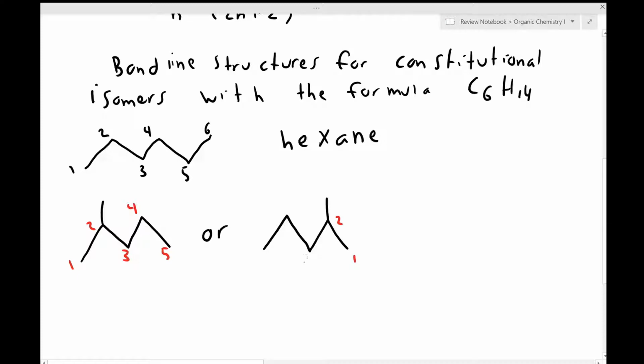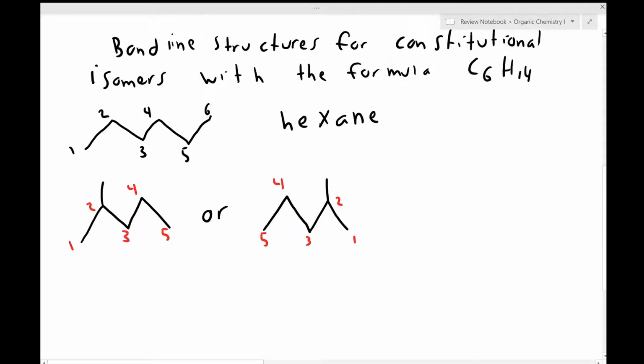You want the branch to be at the lowest possible number. In both cases, it's 2. So our parent chain is 5, our branch is at 2. We know it's a methyl group, so that name would be 2-methylpentane.